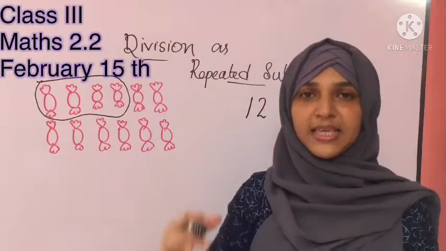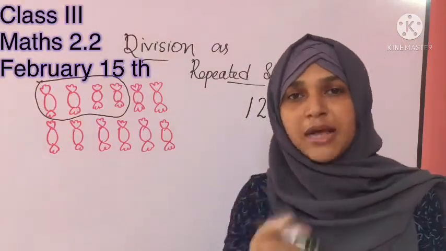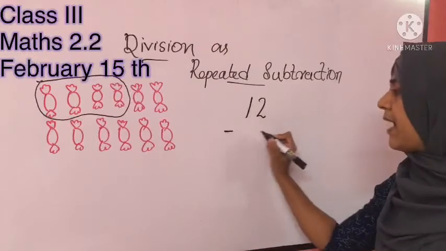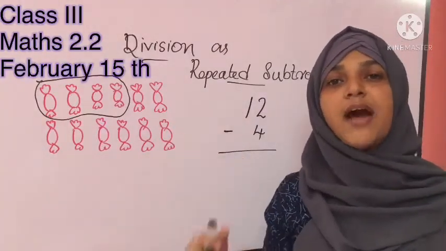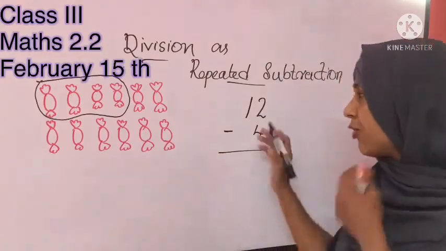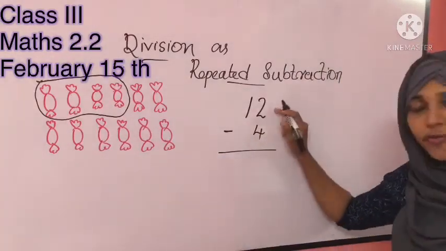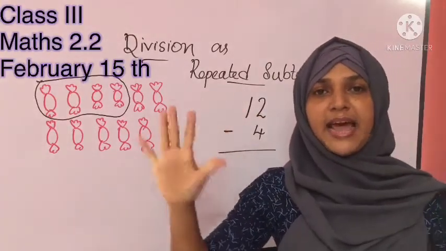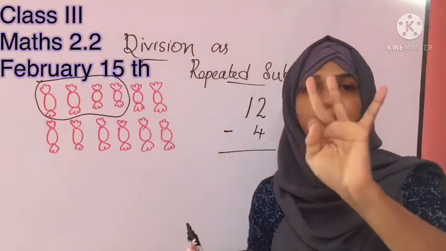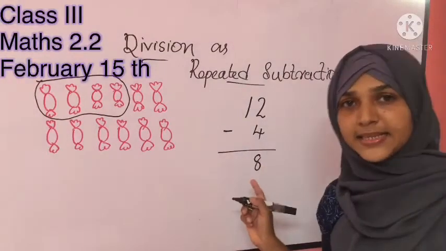So when we are taking something, it indicates subtraction. So 12 minus 4. When taking these 4 chocolates, we have to subtract these 4 from this 12. So 12 minus 4 is 8. Is it correct?